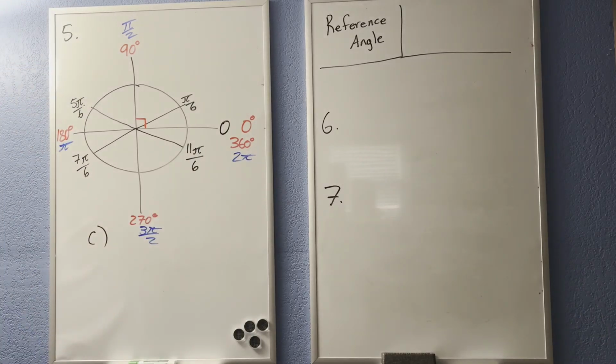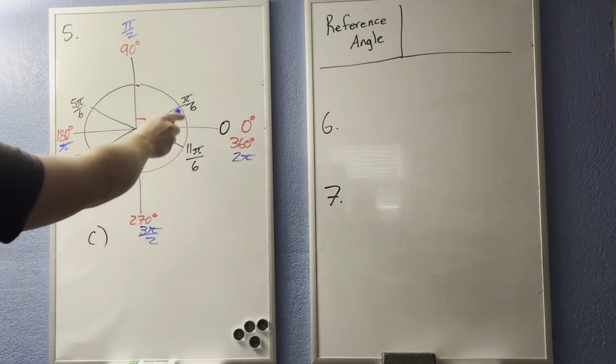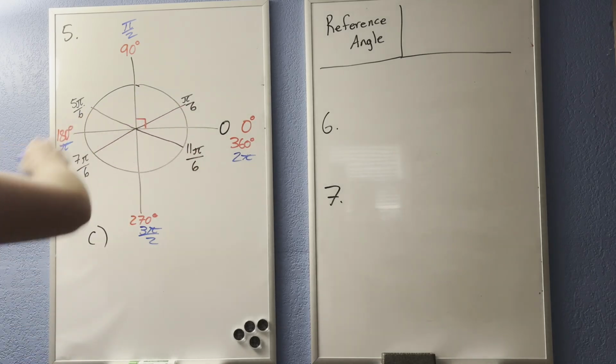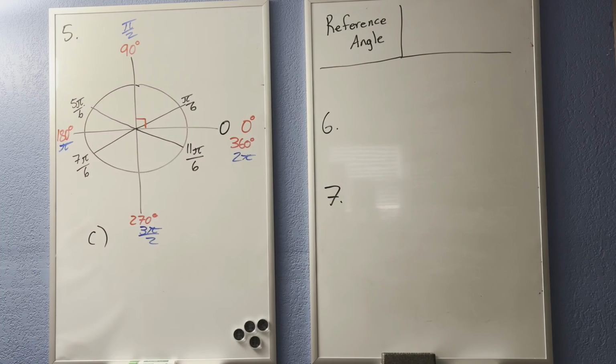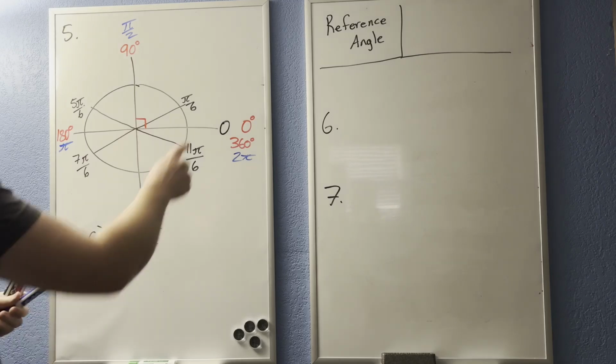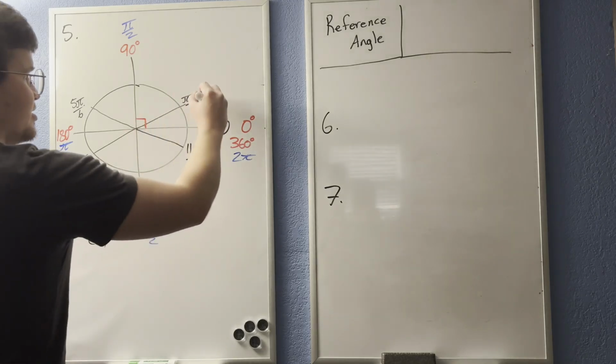Okay, I'm going to go through part B pretty quick. We have these different angles marked in radians. It wants us to mark them in degrees, so this is just like question 4. We're multiplying by 180 over pi. If I multiply pi over 6 by 180 over pi, I get 180 over 6, which is 30 degrees.